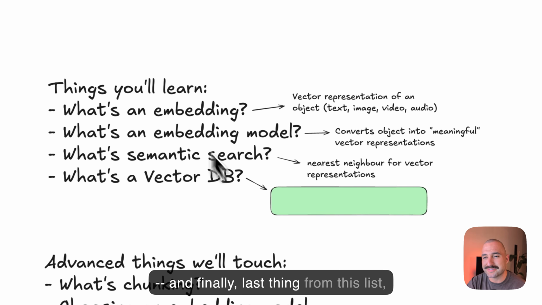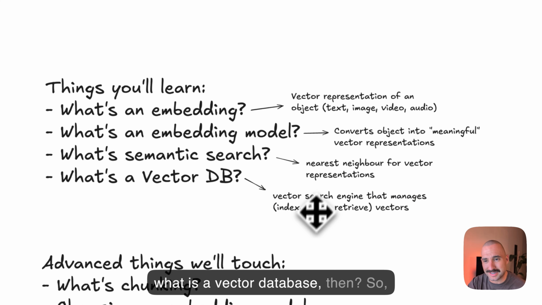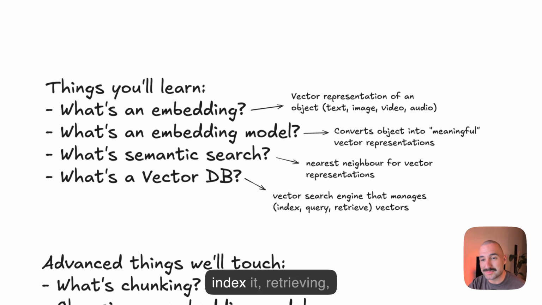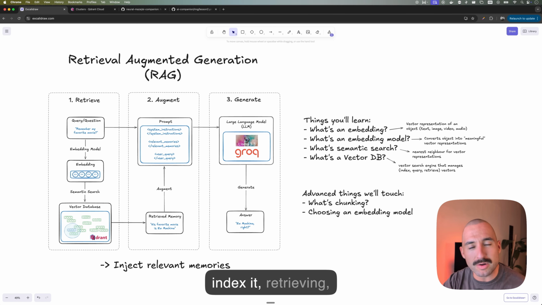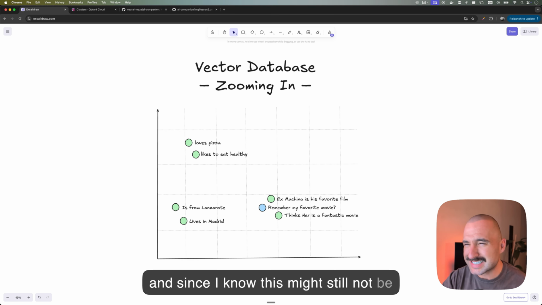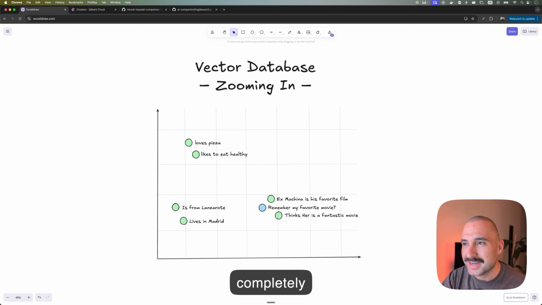And finally, the last thing from this list: what is a vector database then? A vector database is also called a vector search engine, and what it does is manage, so it helps you index, retrieve, and query these embedding vectors. Since I know this might still not be completely clear, let's zoom in on what a vector database is.